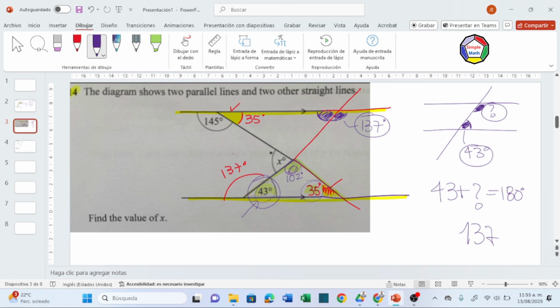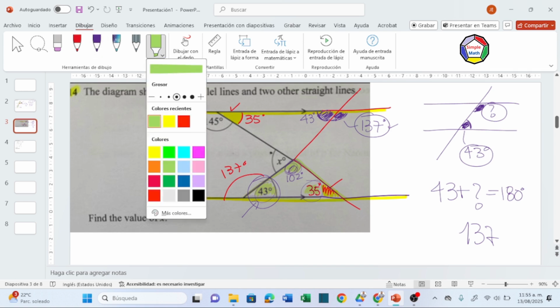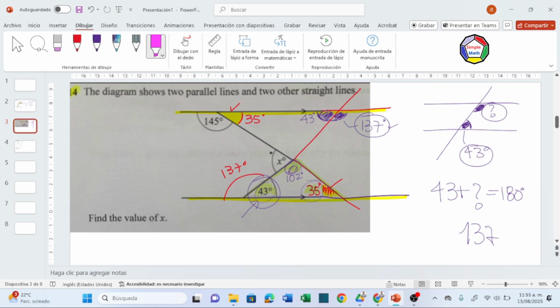So how much is missing to 137 to get 180 degrees? What is missing is 43. Yes, 43 degrees.